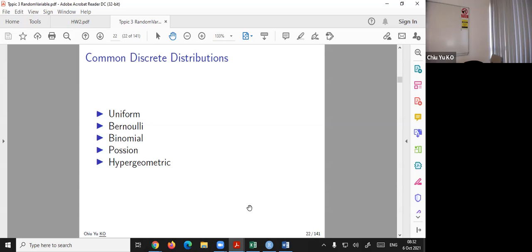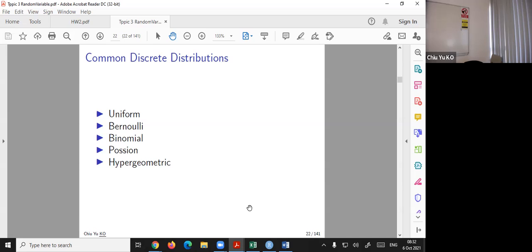They are count data, so they are all naturally non-negative numbers: 0, 1, 2, 3. The uniform is where each outcome is equally likely, because the standard thing is like tossing a coin or rolling a die.